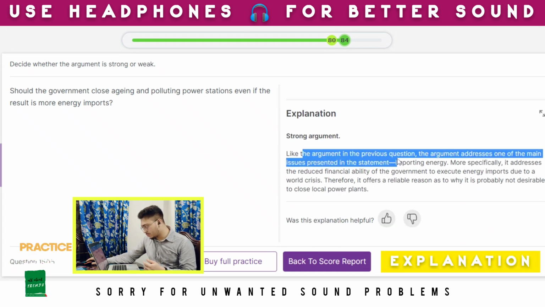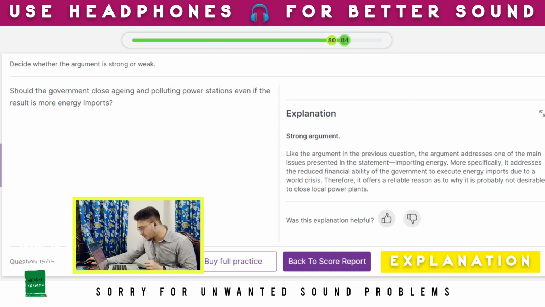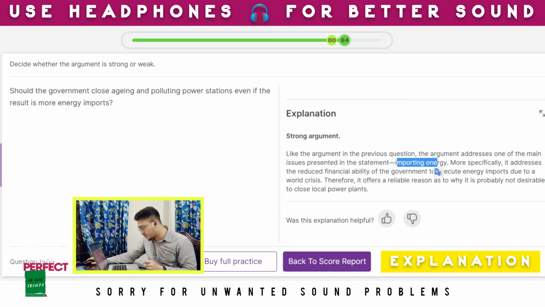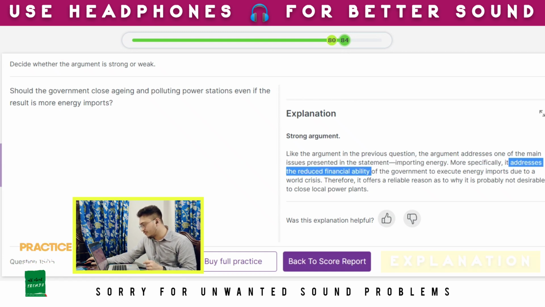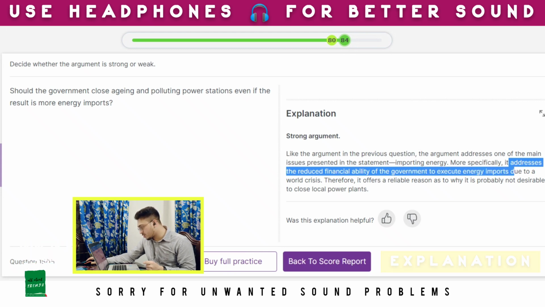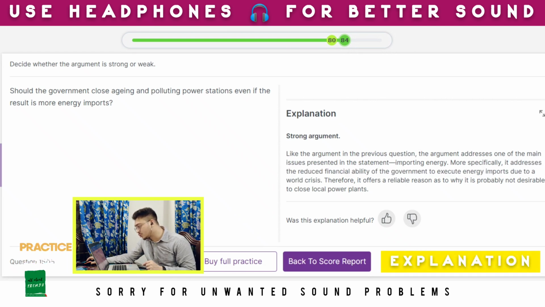The argument addresses one of the main issues present in the statement: importing energy. More specifically, it addresses the reduced financial ability of the government to execute energy imports due to the world crisis. So, see, due to the financial crisis, the government should not do imports.